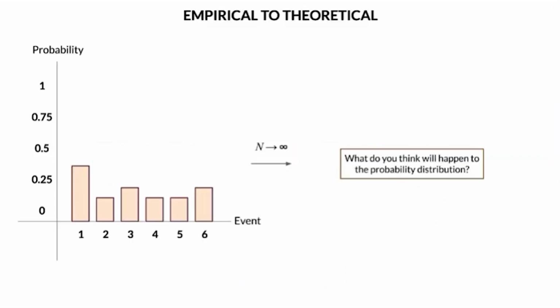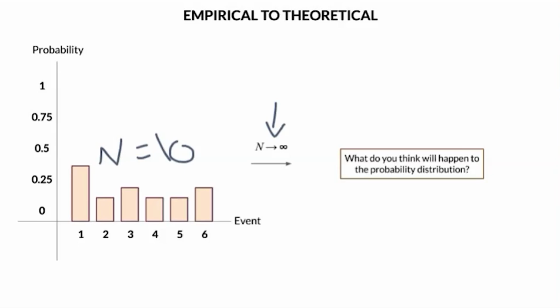How do we move from this empirical to theoretical? Okay, so this is a question to the audience again. I guess this is my size 10 experiment rolling a die. So this is n equal to 10, I think. My question to you is, just imagine if n is infinity. What do you think will happen to this probability distribution?